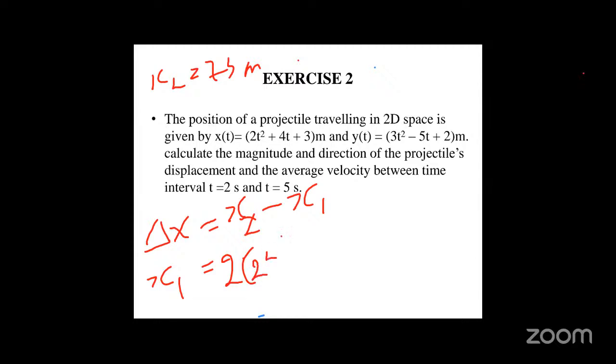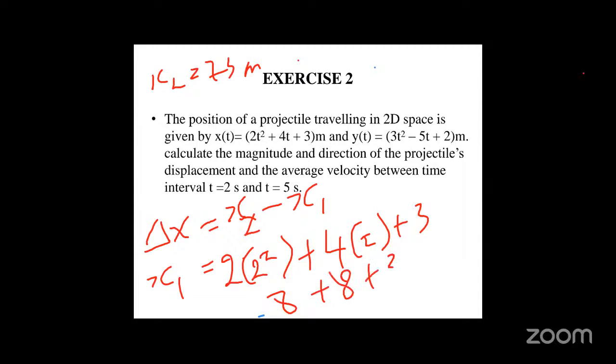So 2 squared plus 4t, t is 2, plus 3. 2 squared is 4. 4 times 2 is 8, plus 4 times 2, 8, plus 3. That is 19.